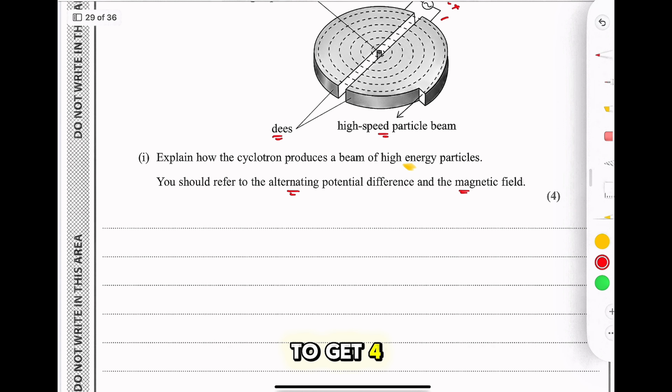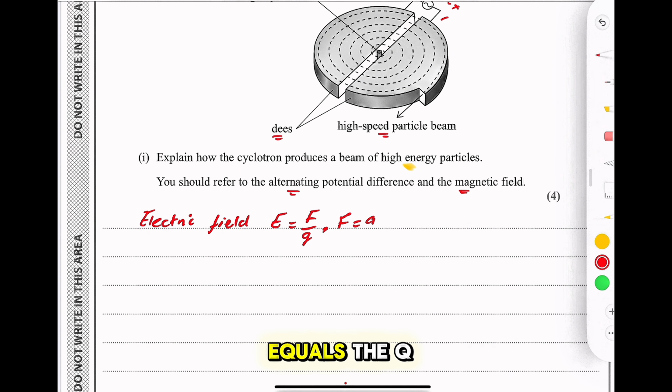So to get 4 out of 4, I should mention the electric field. And the electric field, which is E equals F divided by Q, or the force equals QE. And remember, according to Newton's second law of motion, which is mass times acceleration, I should change my symbols, or the equations, into words.